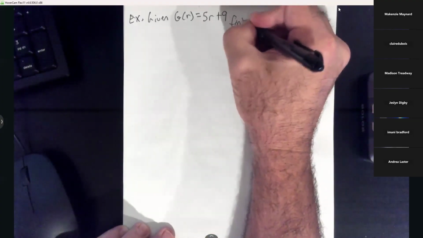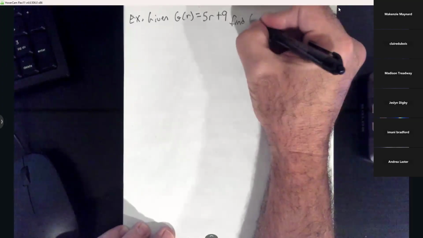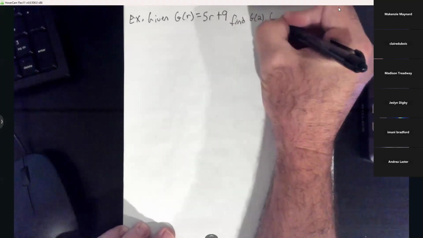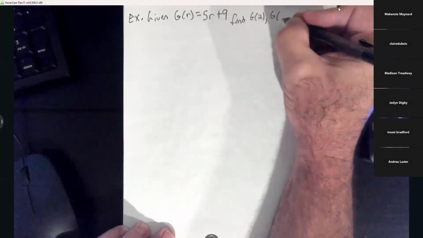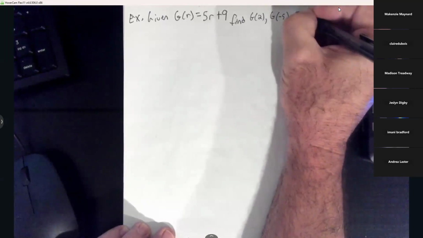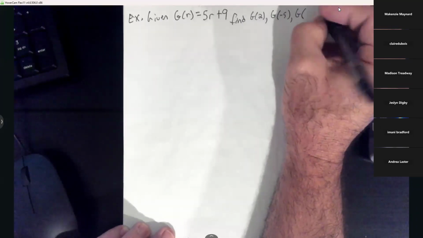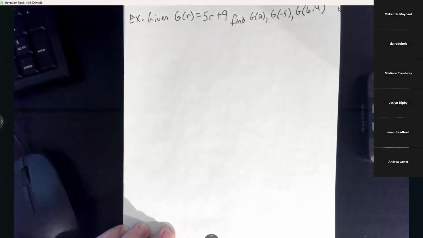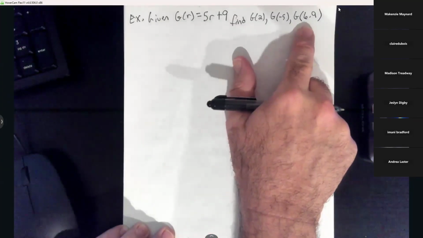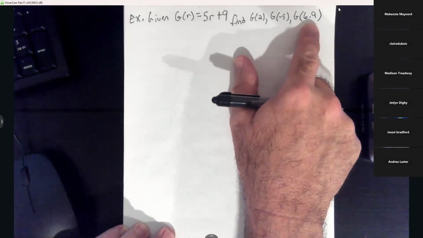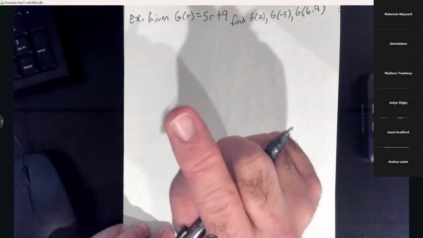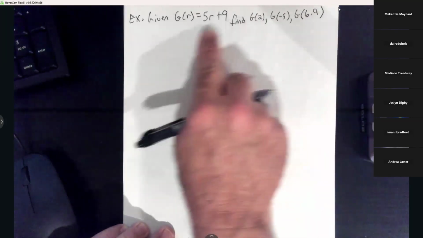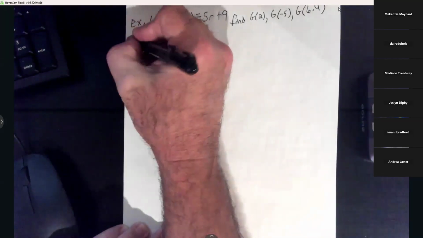They want me to find g of 2, g of -5, and then g of 6.9. So I'll probably use my calculator for that one since it's a decimal. Okay, so there's 3 of these. So we're going to do this 3 times.